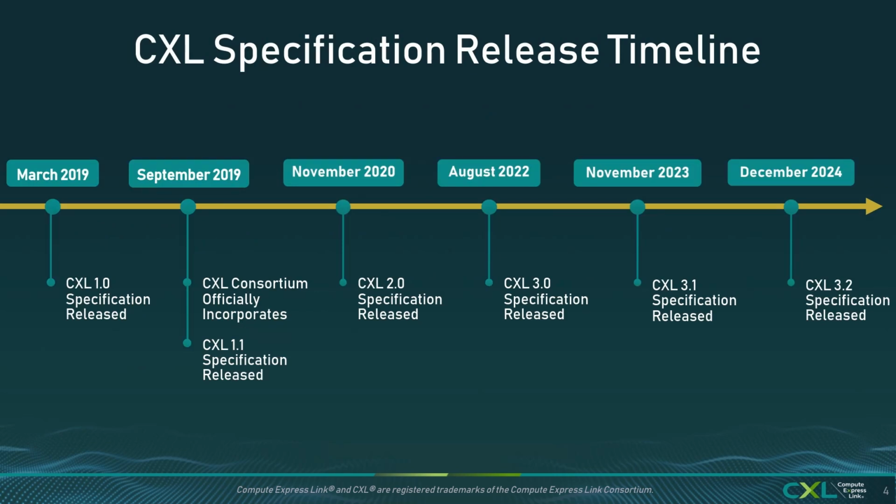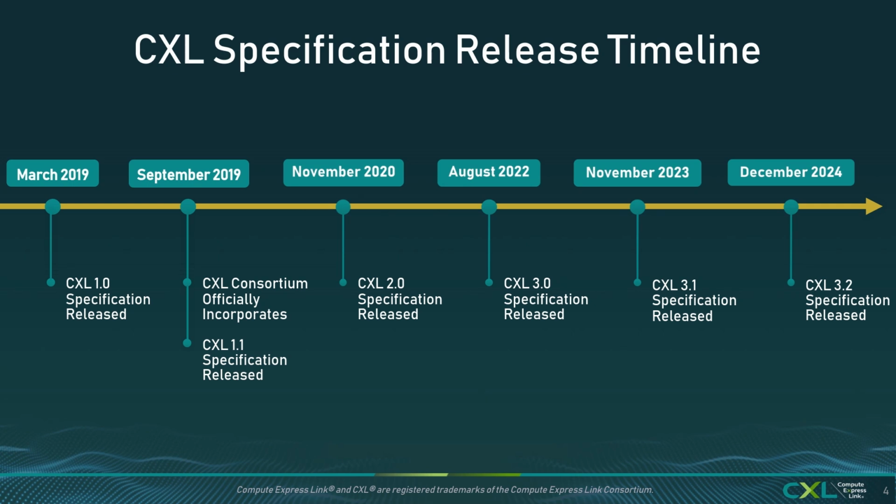Again, quickly, the spec release timeline. We started back in March 2019 with the 1.0 release. Just a few months later, the consortium became officially incorporated. We released 1.1 with few changes and a compliance chapter. Then in November 2020, you can see it's really rapid movement because of the industry demand, 2.0 was released, highly successful.